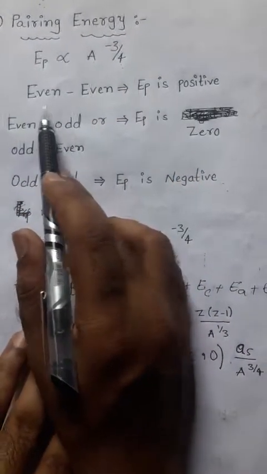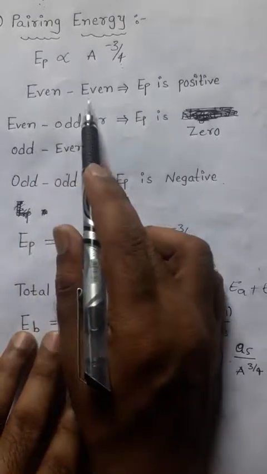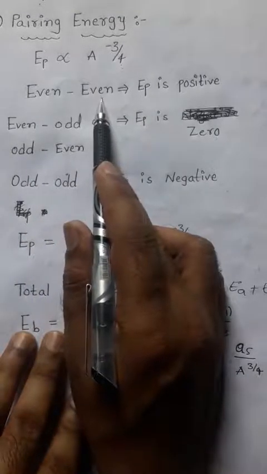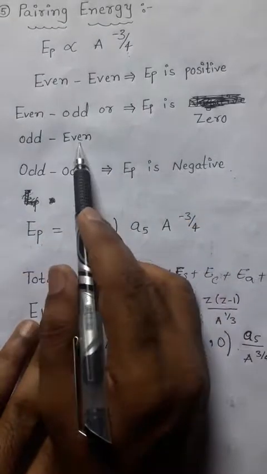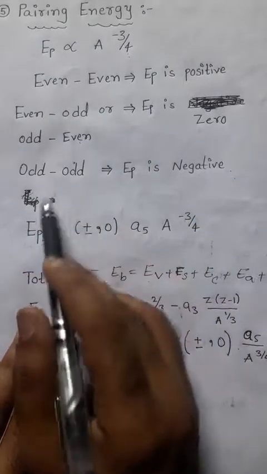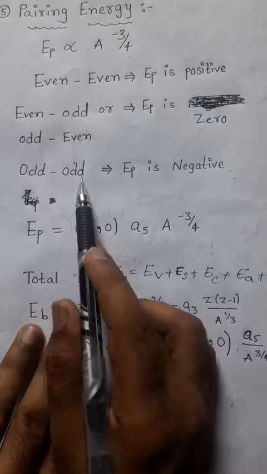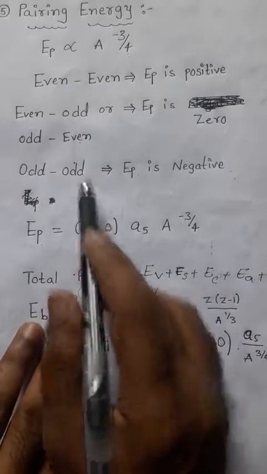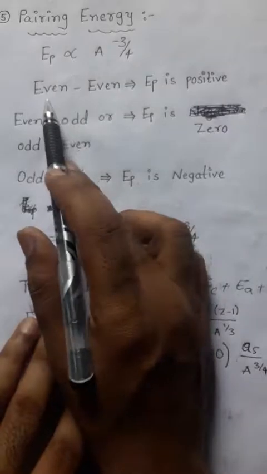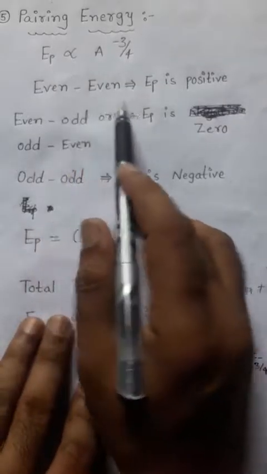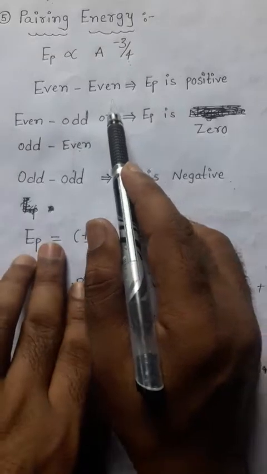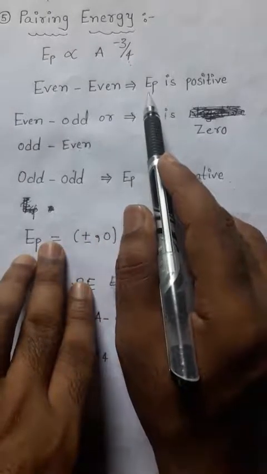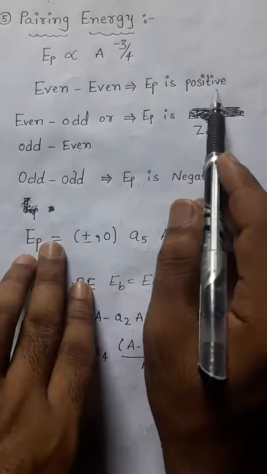whether a nucleus has even number of protons and neutrons, or even-odd or odd-even number of protons and neutrons, or odd protons and neutrons. If a nucleus has even protons and even neutrons, then the pairing energy is positive.